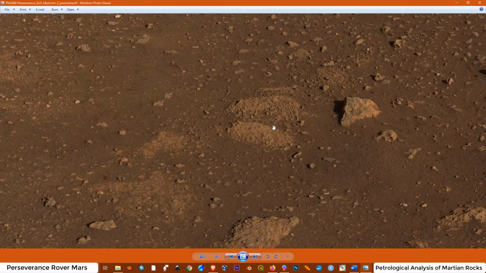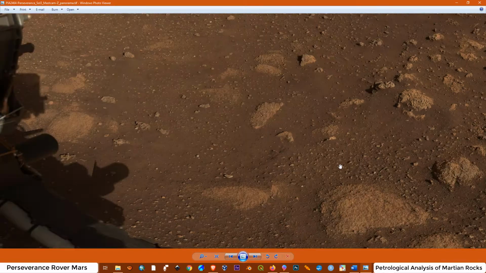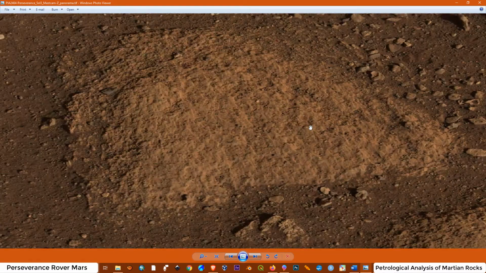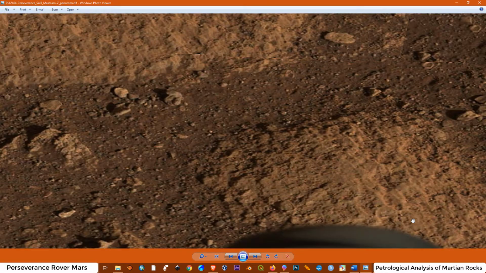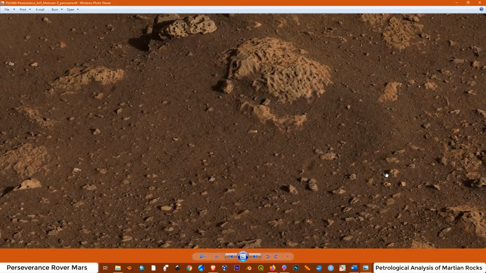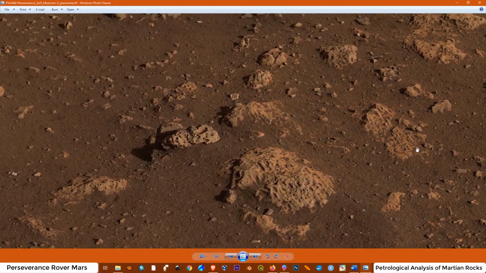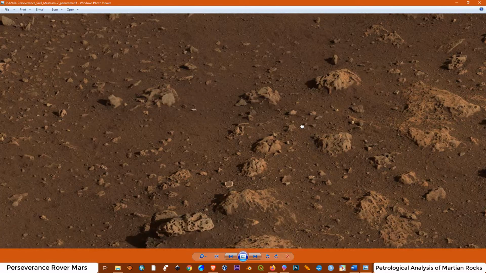Then we also have these over here, and these ones are also a different type of rock. They look somewhat different even though they could be the same. However, the one we are going to focus on is this type, where we can see clearly the porosity on the surface of the rock.